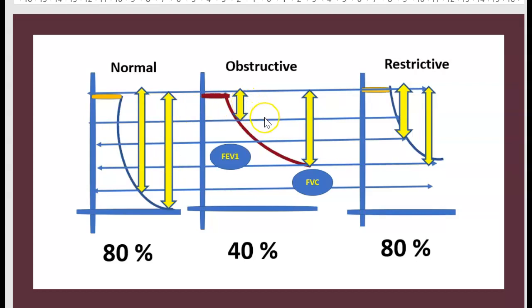Here is an obstruction. FEV1 over FVC is around 40%. That means there is obstruction.